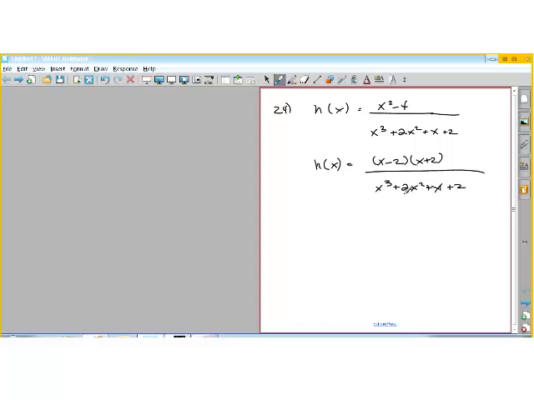Now, think about what happens here. What I'm trying to do is determine if there's a common factor between these two. If I let x equals 2, then this would go to 0. But if I let x equals 2 in the denominator, it's never going to go to 0 because everything's going to be positive. So x equals 2 is not going to be a common factor between the two.